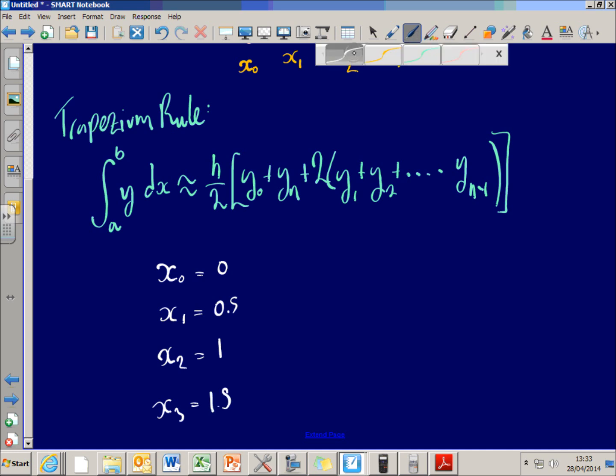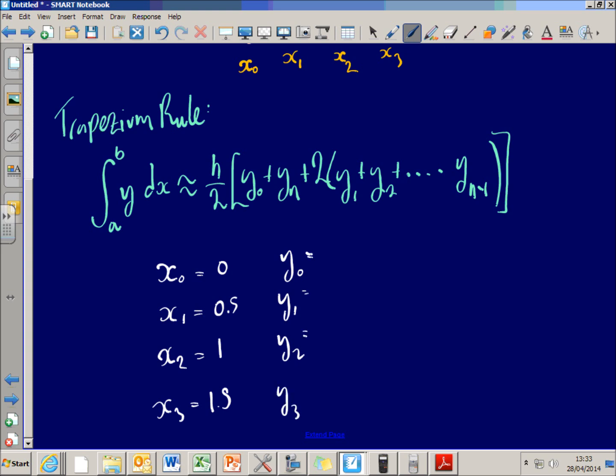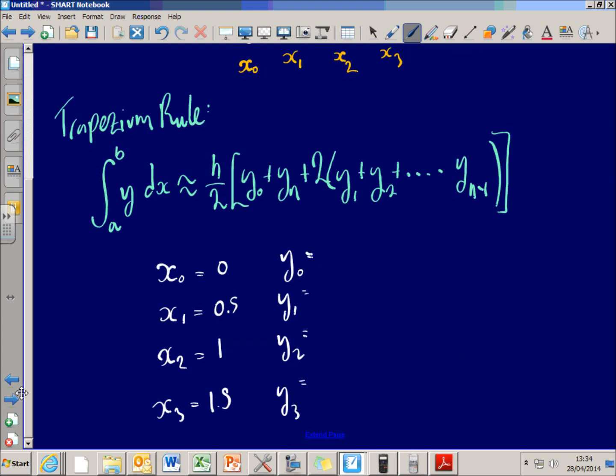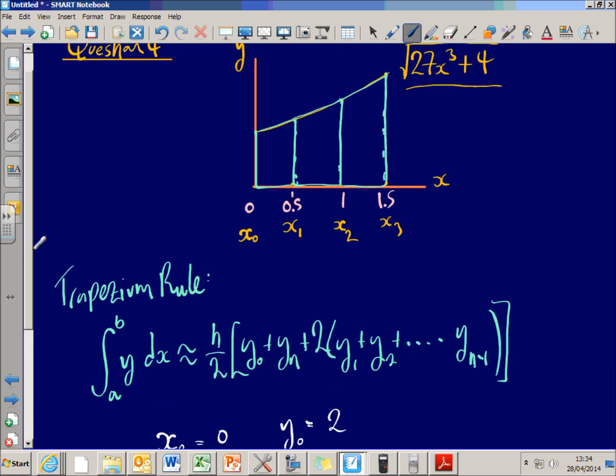Over here, I've got a y0, a y1, a y2, and a y3. For y0, when I put 0 in for x, I get root of 27 times 0 plus 4. So what's the answer? 2.